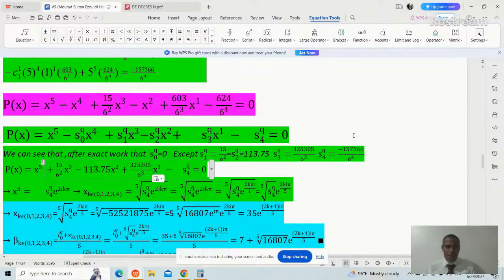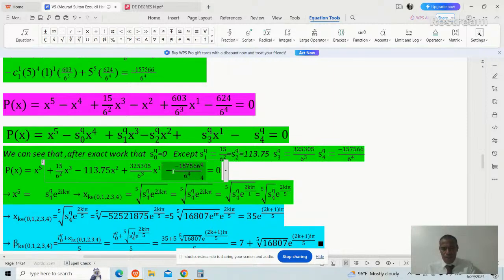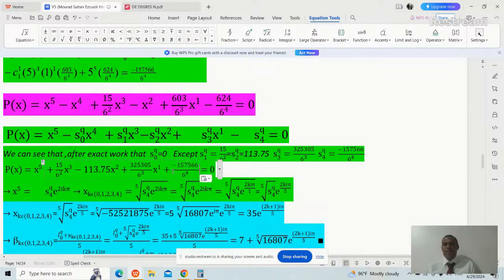And S4 is negative, already negative, so I will write it as it is. I will make it plus because minus multiplied by minus is plus. Therefore, now I obtain my new polynomial to the power 5.